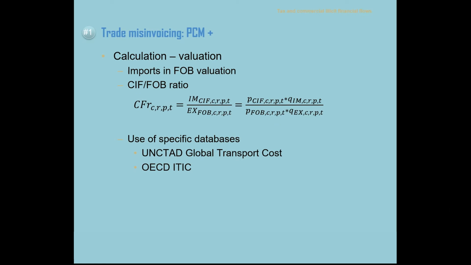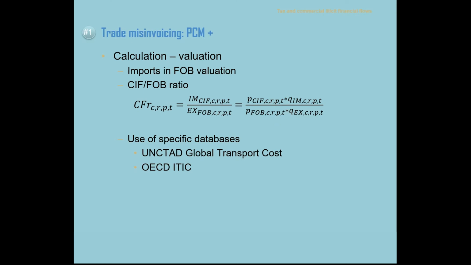But in most cases, what has been applied is a so-called CIF-FOB ratio, which is essentially a ratio between the imports in CIF and the exports in FOB. So trying to provide us a measure for a specific commodity or flows where those CIF-FOB ratios should be applied and how much they account for or amount to.